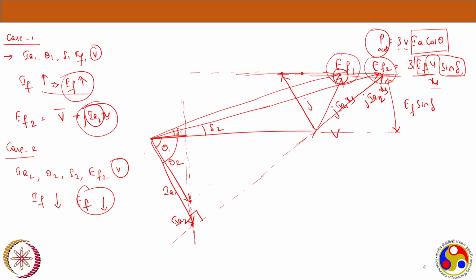This is my jIA3 axis. This is my EF3, IA3. So now can you draw the IA3?